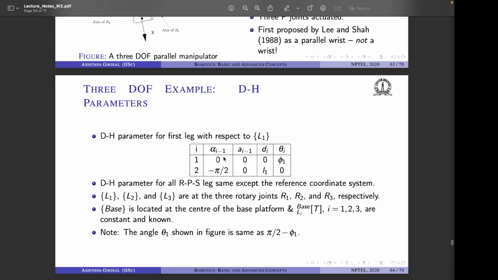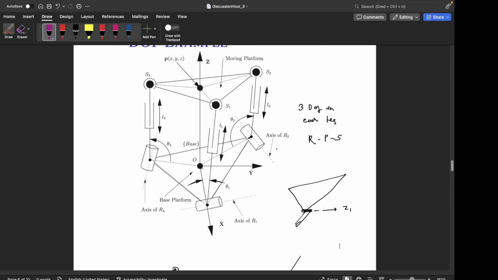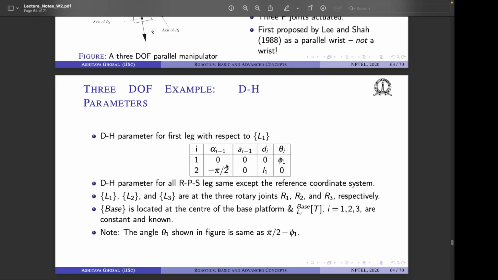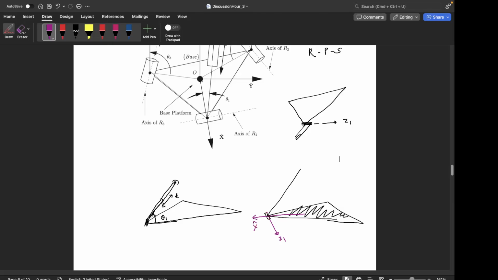So alpha is 0, so basically the twist between the x of x0 and x1 is that there is no difference.